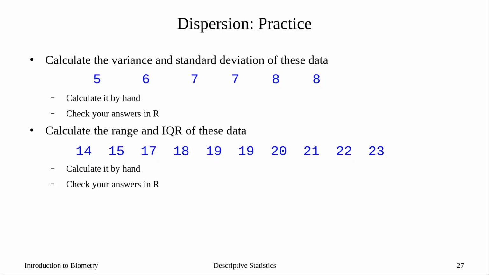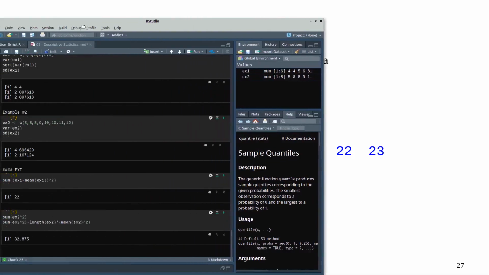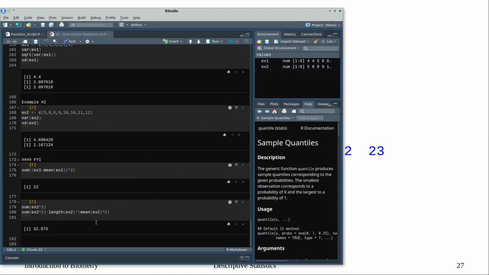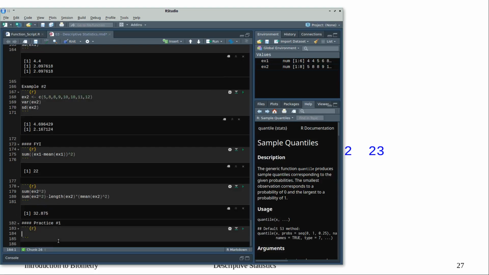So we just saw how to calculate the variance and the means for practice problem 1. Let's do it in R. So practice number 1. I will read the data in as prac 1, and I will create my vector.